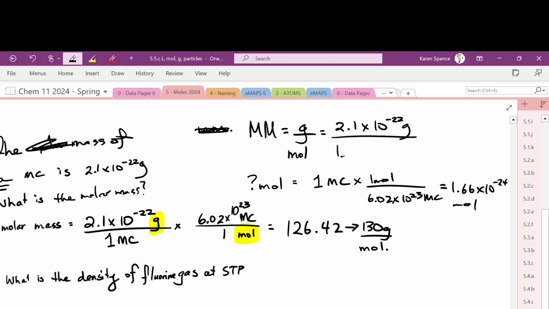Chuck that in there. 1.66 times 10 to the negative 24 moles equals 130 grams per mole. Is that good? If you got that one, find the density of fluorine gas at STP.